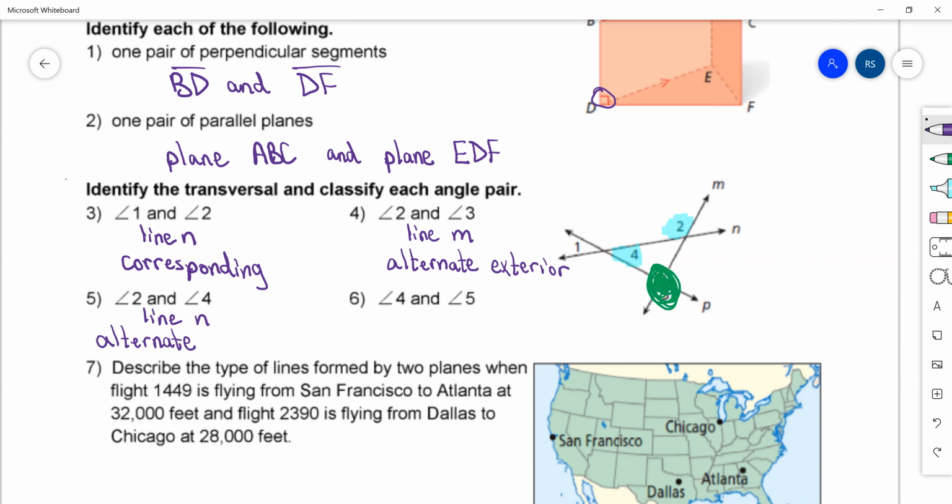Are they inside or outside the lines? These aren't parallel, just lines. They are inside. So this would be alternate interior.